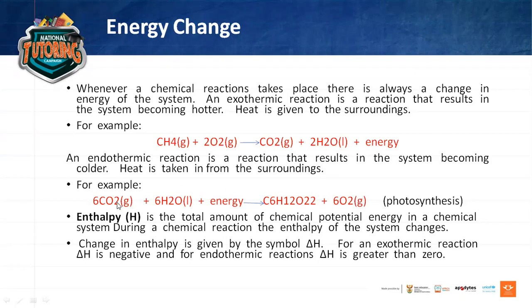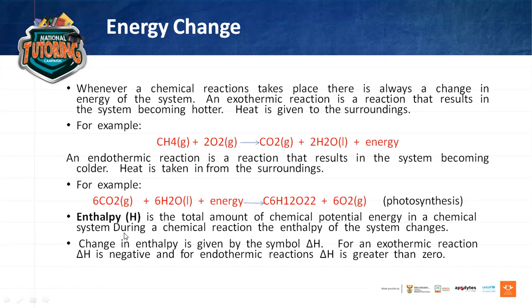Okay. And then we come to the enthalpy. The enthalpy, which is a triangle H, is the total amount of chemical potential energy in a chemical system. So during a chemical reaction, the enthalpy of the system changes. We know that energy is required to do a chemical reaction.